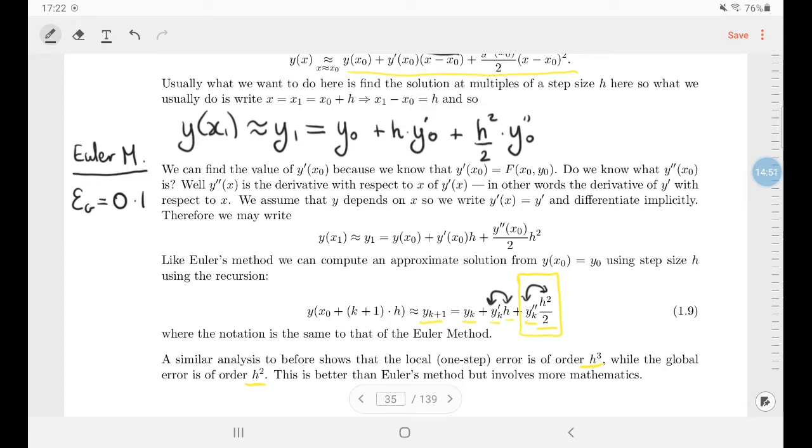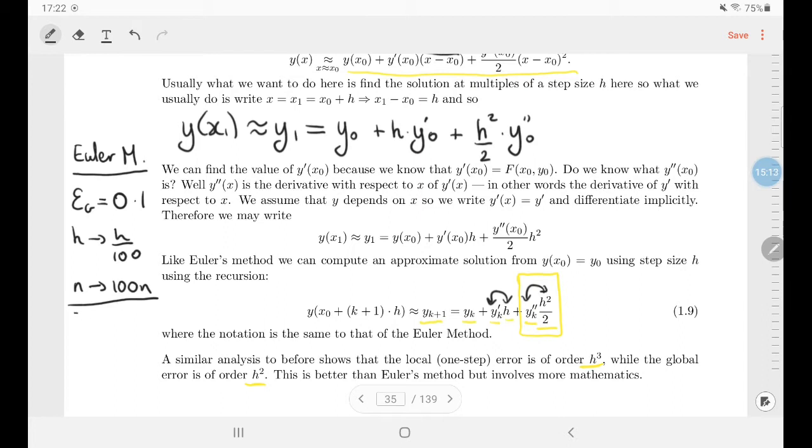So you want to decrease it by a factor of 100 because the global error is of order h. To do that, you'll have to go from h to h over 100. So you're dividing the step size by 100. That means you've got 100 times more calculations. So the number of calculations goes to 100 times n, which is bad.